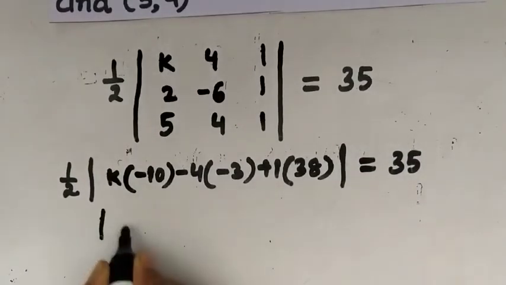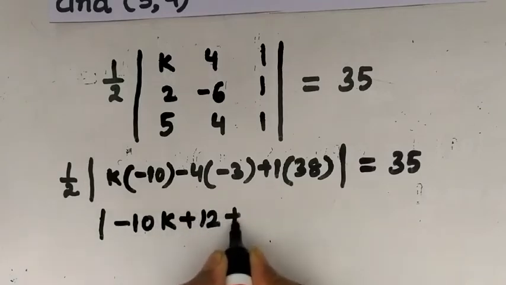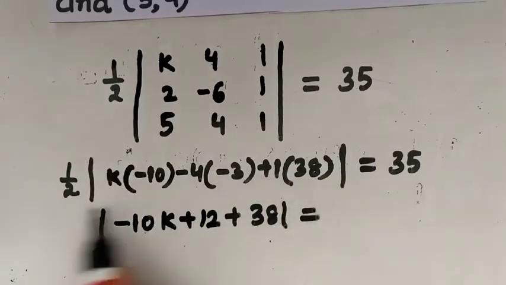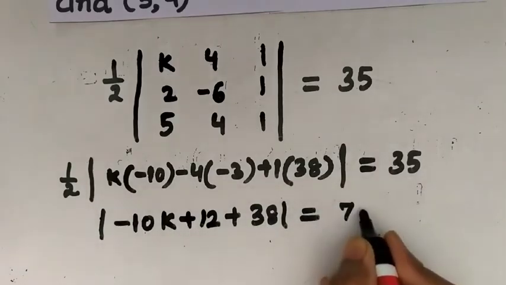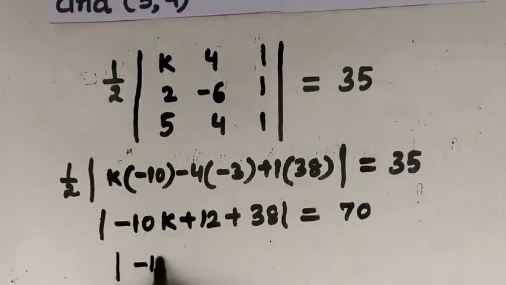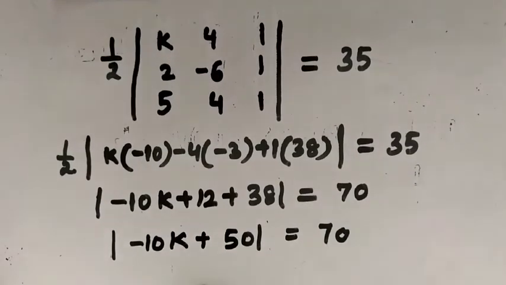Next it will be minus 10k plus 12 plus 38, and I will shift 2 to the right hand side, or we can say multiply both sides by 2, so it will be 70 on the right hand side. Now minus 10k plus 50 is equal to 70. So students, you can see now mod of minus 10k plus 50 is equal to 70.